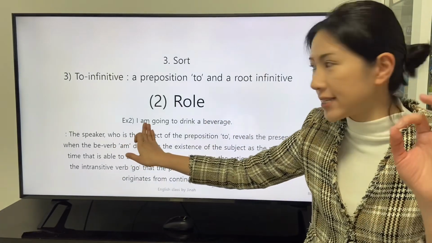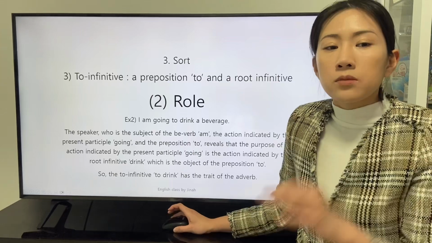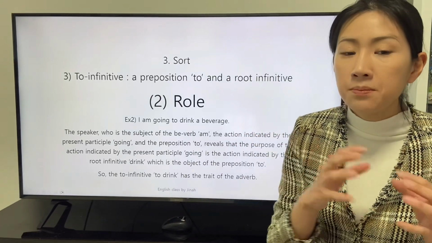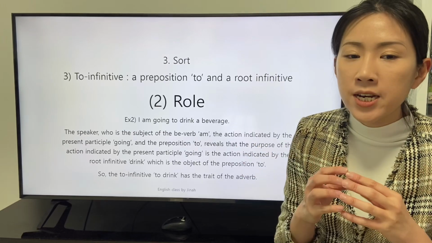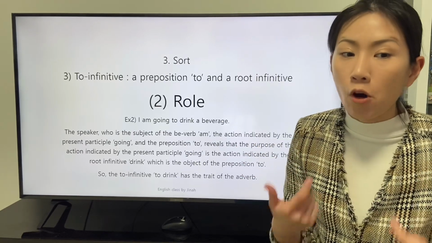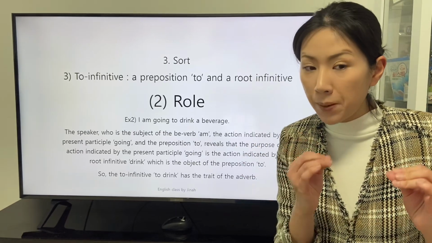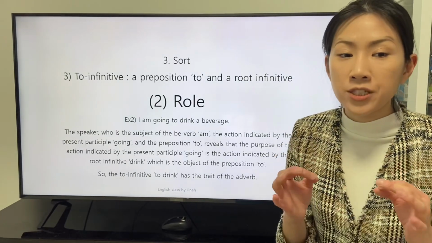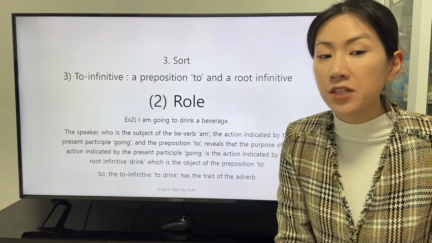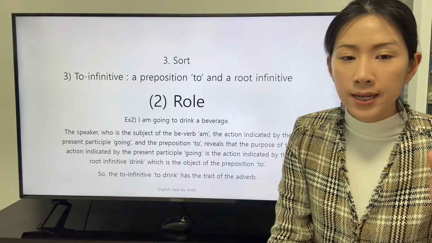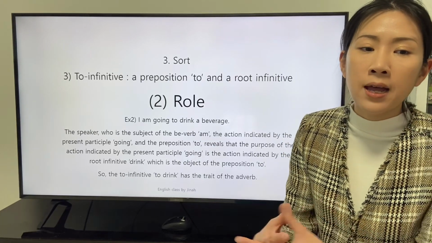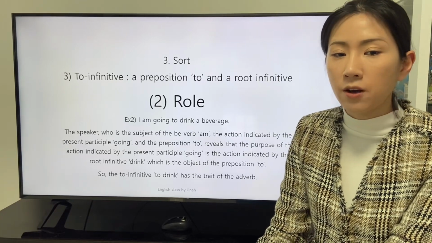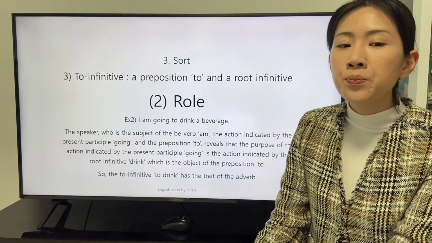The speaker exists. The speaker, who is the subject of the be-verb am, the action indicated by the present participle going and the preposition to, reveals that the purpose of the action indicated by the present participle going is the action indicated by the root infinitive drink, which is the object of the preposition to.